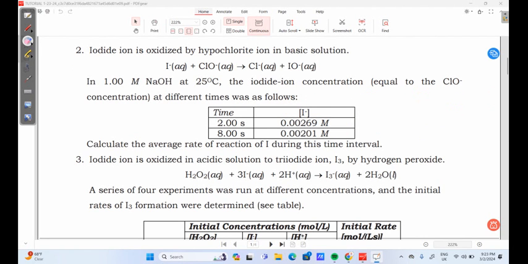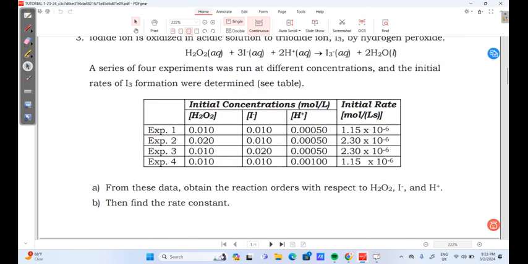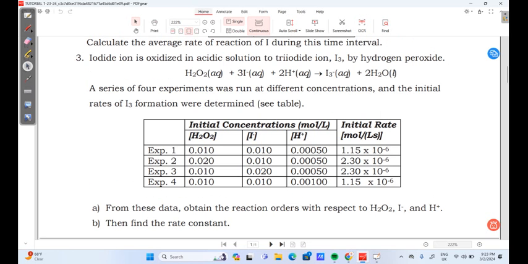Can we move to the third question? Please be talking when I'm asking you so that we move fast. This is a very common question that you usually get to encounter in chemical kinetics, so please pay particular attention to it as we answer it.